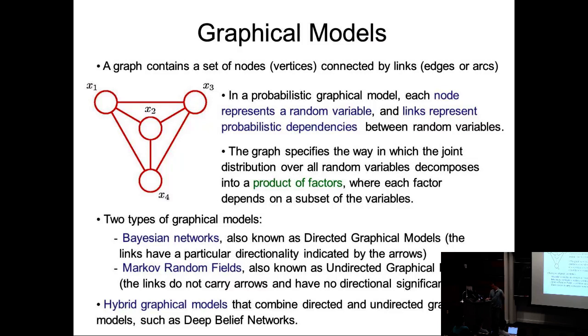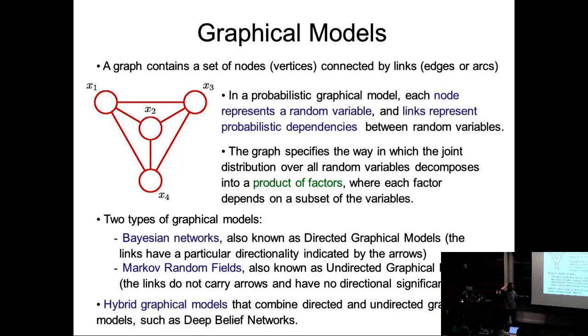And then there's another class of models known as Markov random fields. These are also known as undirected graphical models. In this case, links don't carry any arrows, and there is no directional significance. Okay? So things like restricted Boltzmann machines are instances of undirected graphical models. And then there are also combinations of both of them.